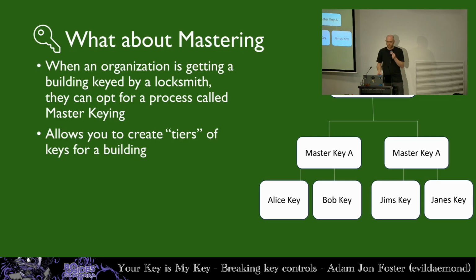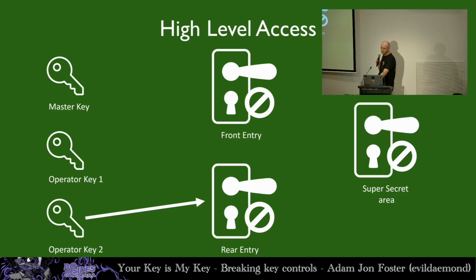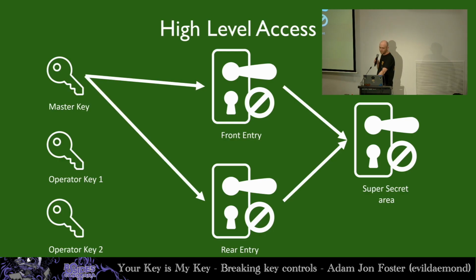And the simple idea is that when you have a building, you're going to have something like that. And as you go through, you're just going to go, this key works here in the rear entrance, this key here works in the front entrance, and the master key works in all the doors.